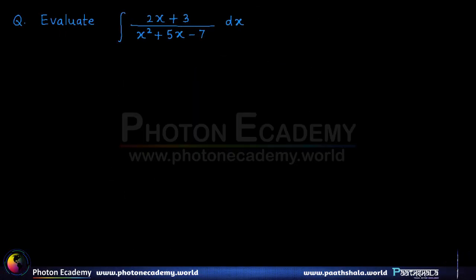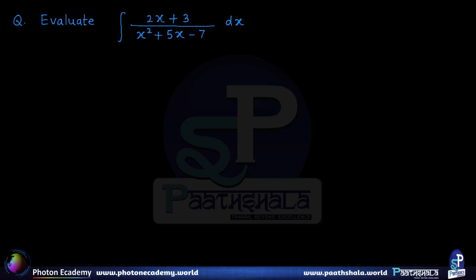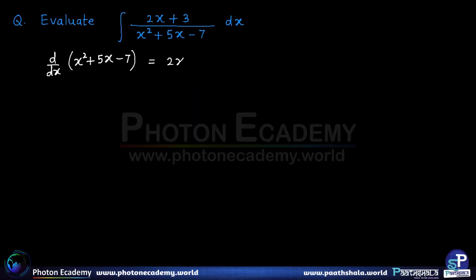Evaluate integral of 2x plus 3 whole upon x square plus 5x minus 7. So the numerator is 2x plus 3, and let us consider the derivative of the denominator term, which is 2x plus 5.